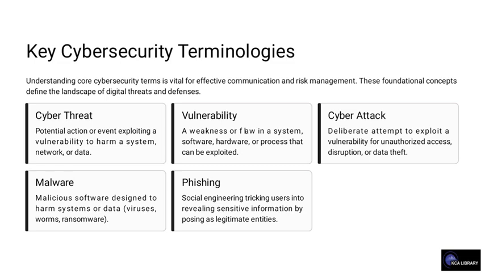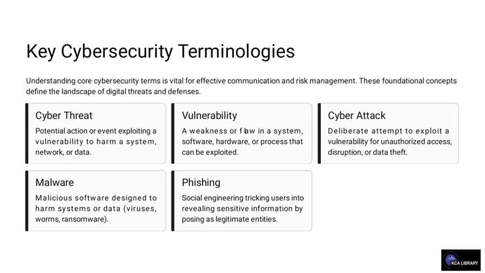There is also what we call cyber attack, and this is a deliberate attempt to exploit a vulnerability for unauthorized access, disruption, or data theft. There is also malware, which is malicious software designed to harm systems or data, such as viruses, worms, and ransomware.